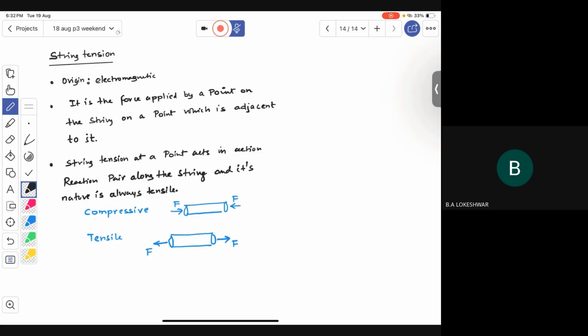So the next point is, every time the string may not be a straight one, maybe it is a curved one. If a particle is going along a straight path, the direction of motion is that straight line on which it moves. If a particle is moving along a curved path, then who will be telling me the direction of the motion at any instant? It's going to be the tangent to the path at that place, correct? Same way here, it acts along the string.